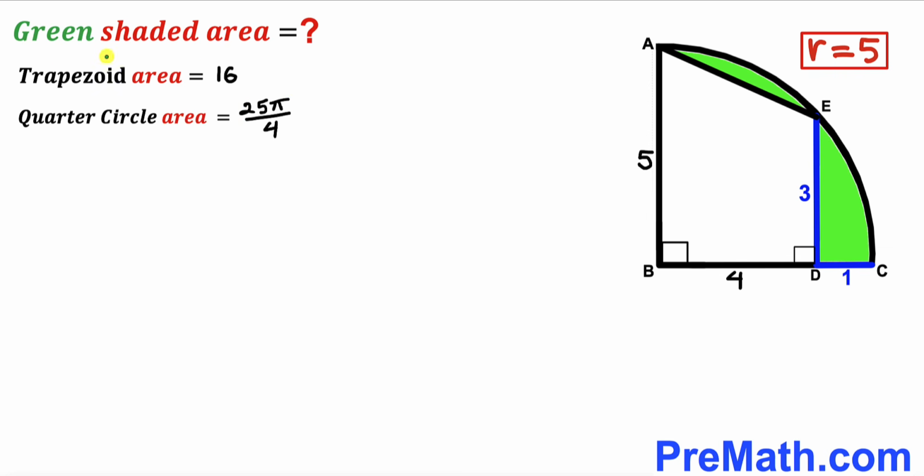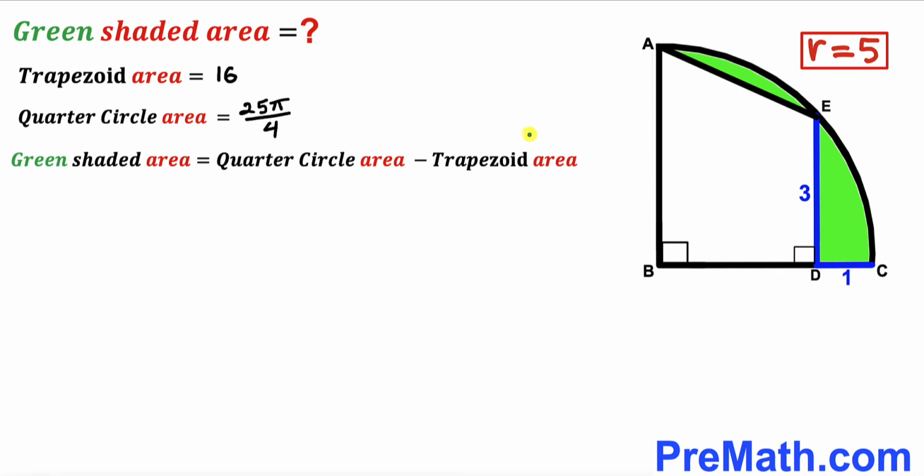And here's our final step. Now we are going to calculate the area of the green shaded region, this area and this area combined. Let's recall this equation once again. The green shaded region area must be equal to the quarter circle area minus the area of the trapezoid ABDE.